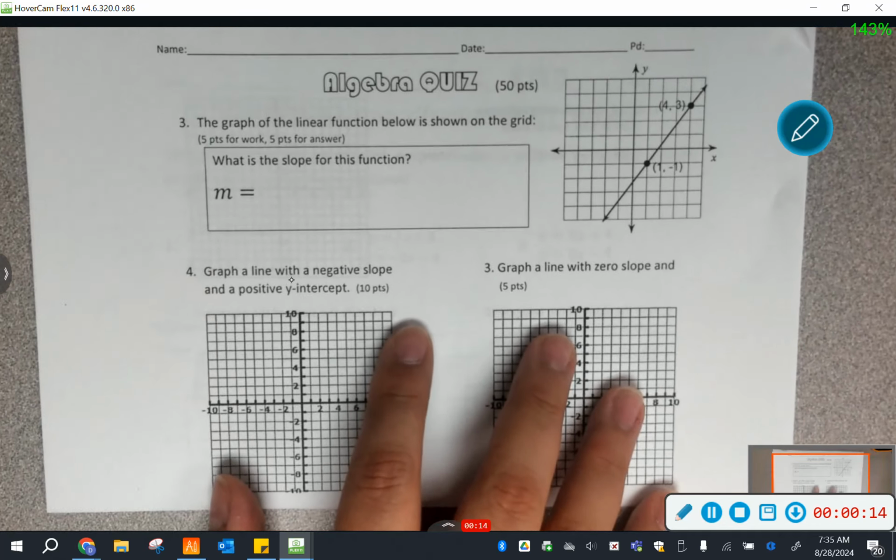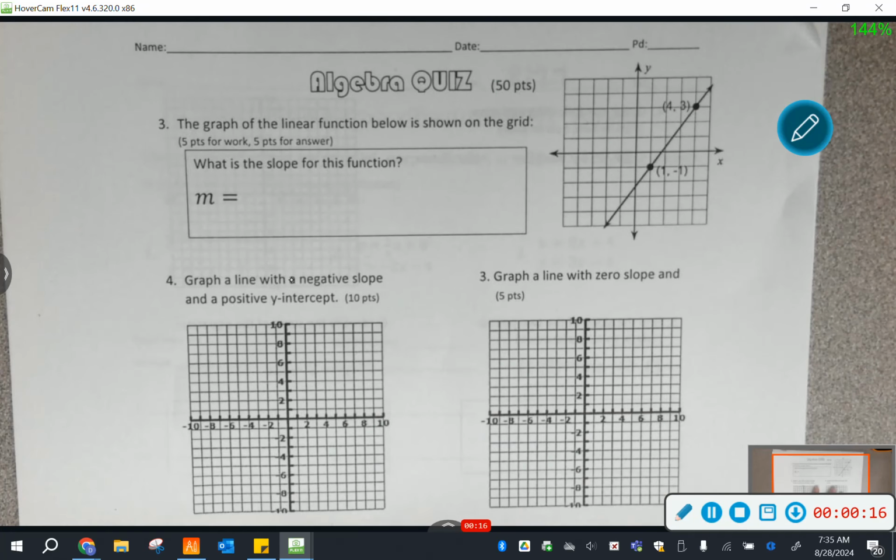All right, for this algebra quiz, some things I wanted to talk about, and there were different versions. So you might look up right now and say, hey, that's not what my quiz says. So just be aware there were different versions.